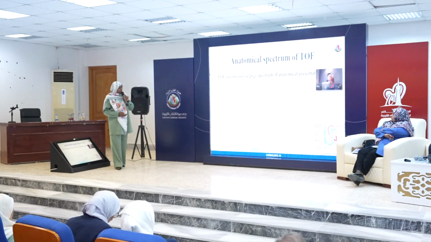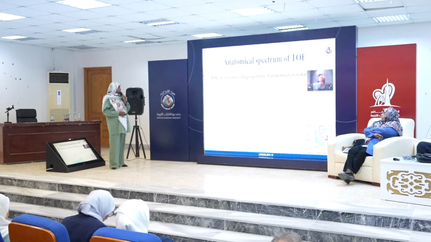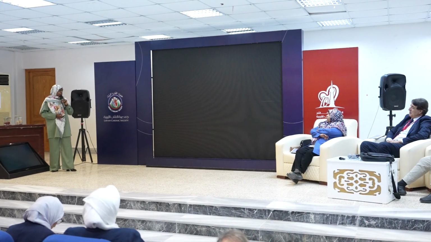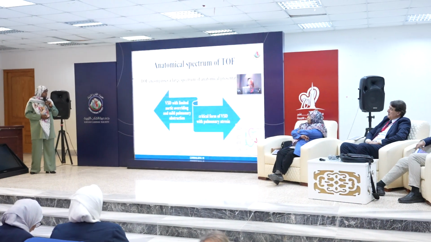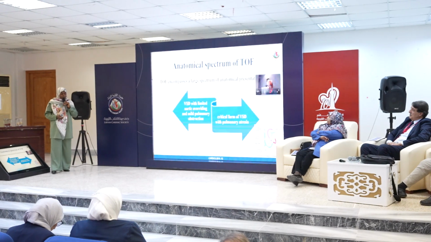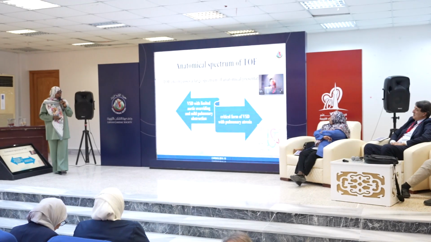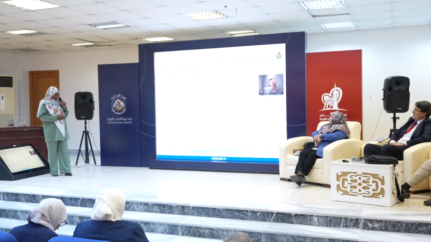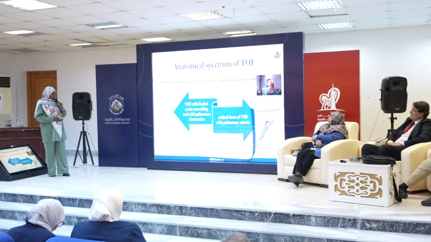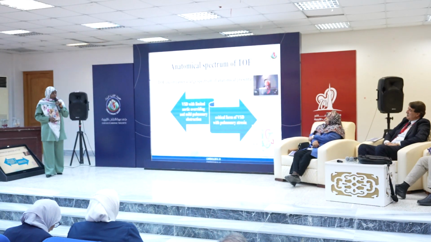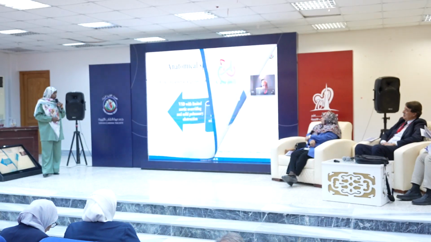About the anatomical spectrum of tetralogy of Fallot, it comprises a large spectrum of anatomical variation. It may be VSD with limited aortic overriding and a mild form of pulmonary obstruction at one end, to the critical form with VSD with pulmonary stenosis.